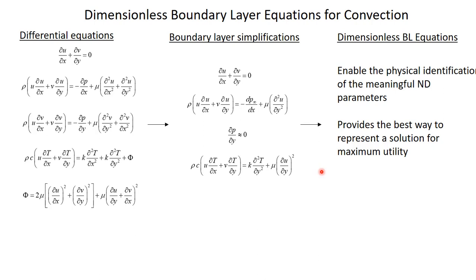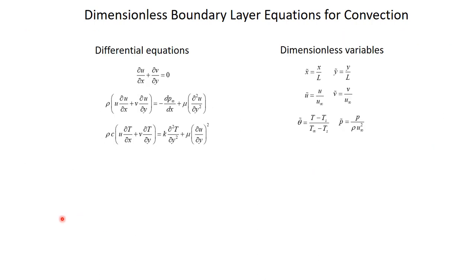You can tell what their physical significance is, right? So it's not arbitrary. It's actually very focused and very specific in terms of the dimensionless numbers that you get from this process will be related to certain terms. So let's go through this process with these equations.